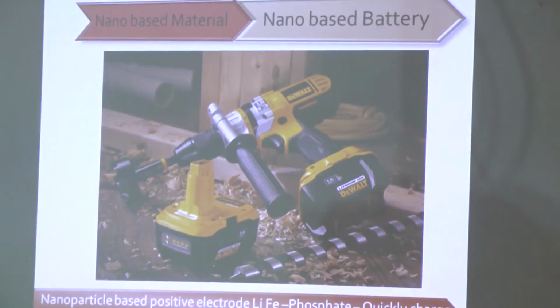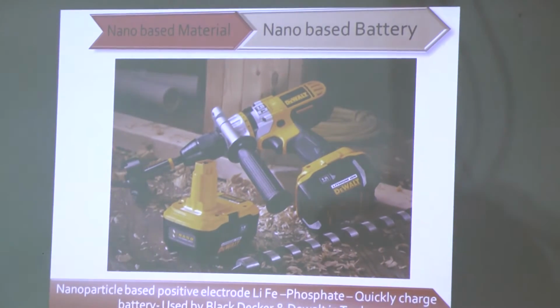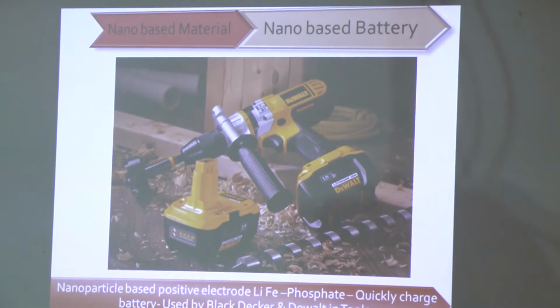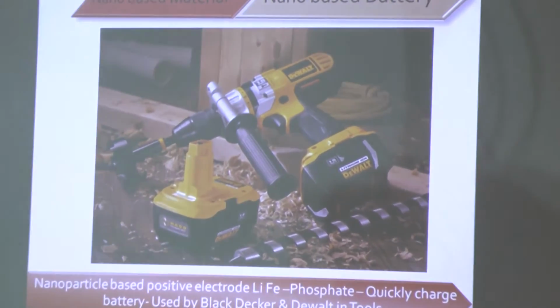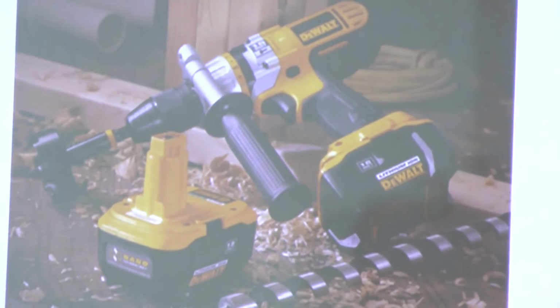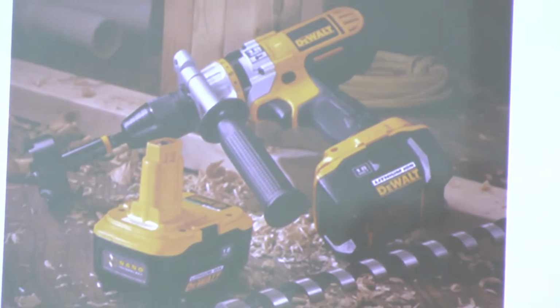So the best way to control and attain that is we have the lithium iron phosphate battery, which charges quickly and has a high power density. So that increases the life of the tool also.